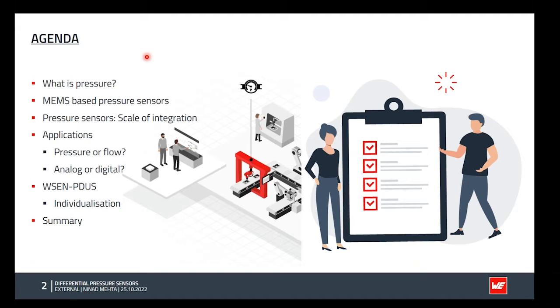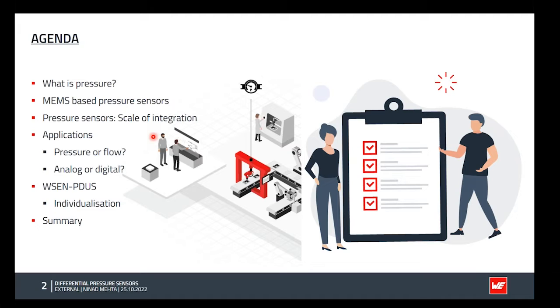We will start with what is pressure, or what kind of pressures are there. Then we will go ahead with MEMS-based pressure sensors and look into which types of pressure sensors are available and how they have evolved throughout the years to show the scale of integration.